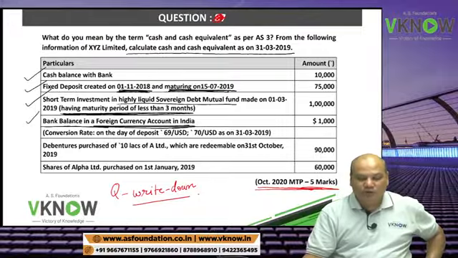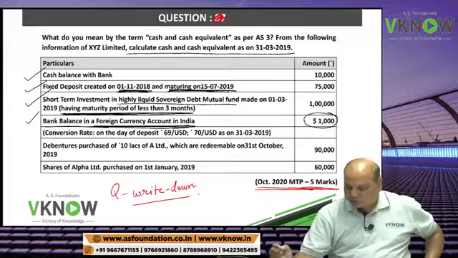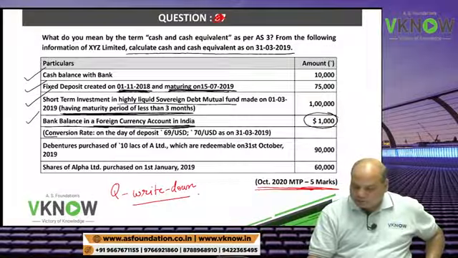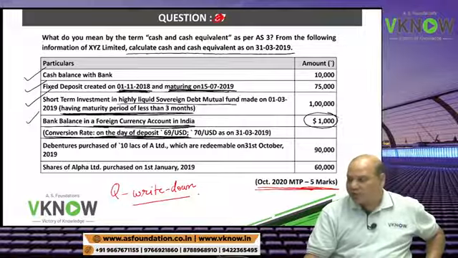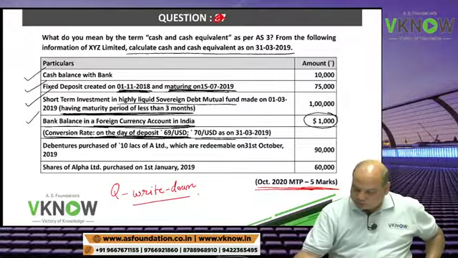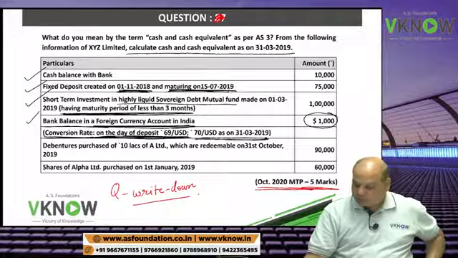Bank balance $1,000, and in bracket below write down conversion rate on the date of deposit rupees 69 per USD, and rupees 70 per USD on 31st March 2019.